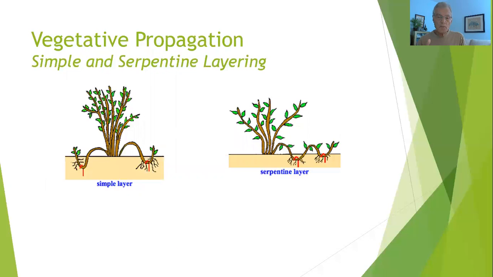So here's a picture showing simple layering, and you can see that the plant was wounded just about 2 or 3 inches below the tip and placed into the soil, and eventually the adventitious roots developed. And the other side of the serpentine layering, which I mentioned, is just doing the simple layering over and over again.